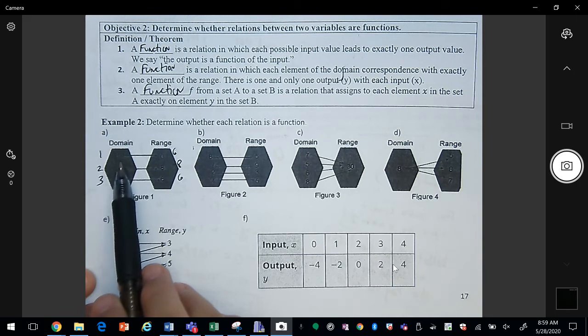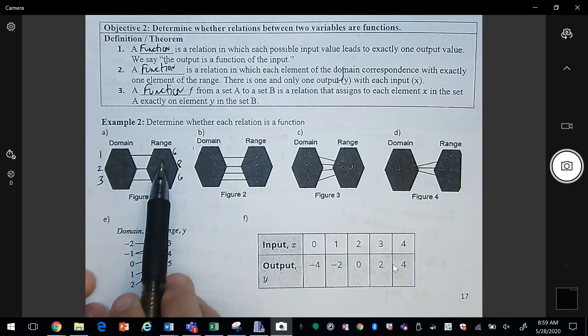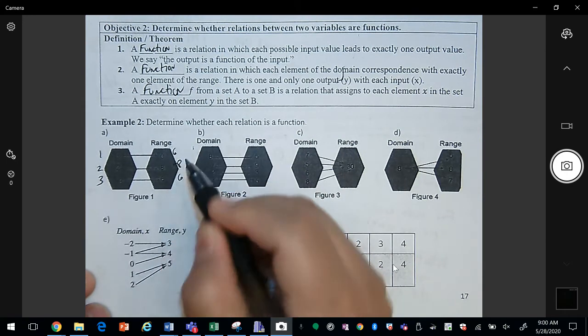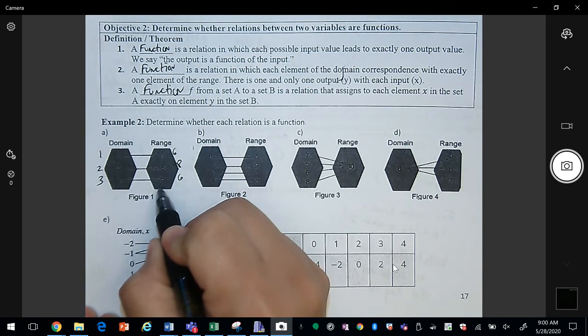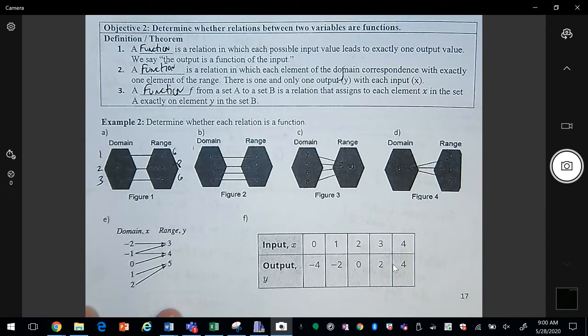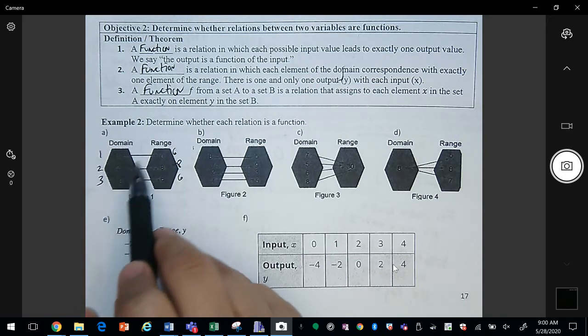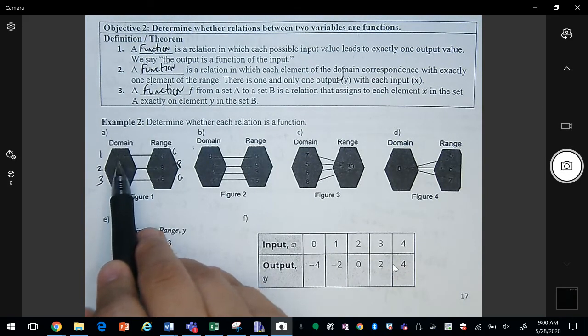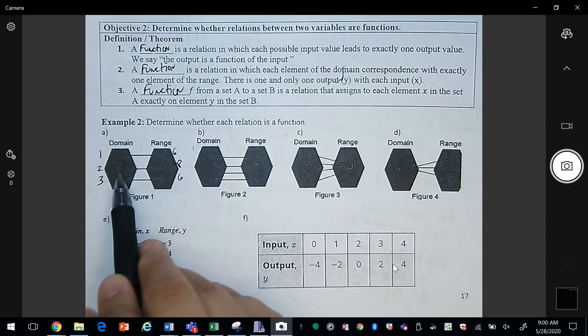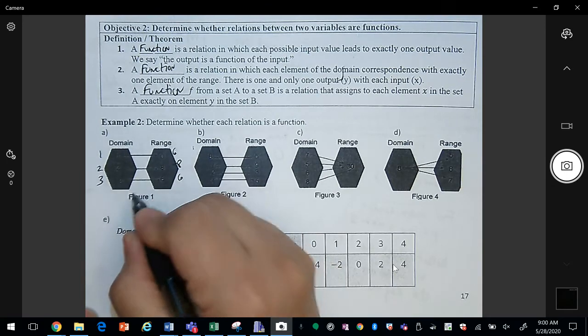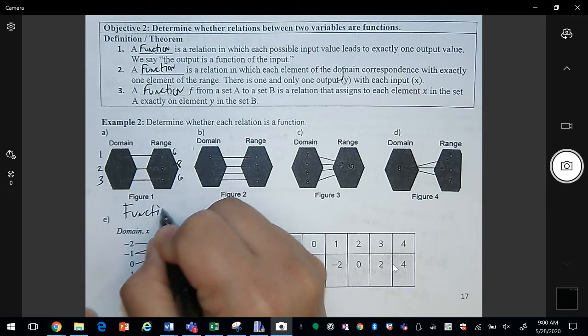So 1 goes to 6, 2 goes to -8, and 3 goes to 6. To figure out if it's a function, ask yourself, is 1 going to exactly one element in the range? 1 goes exactly to 6, 2 goes exactly to -8, and 3 goes exactly to 6. So we say that this is a function.